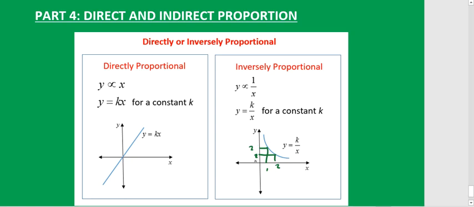So as the x variable increases, the y variable will decrease. That's inverse proportional. So if x increases to 2, then y decreases to 1. You can see when one goes up, the other one goes down.